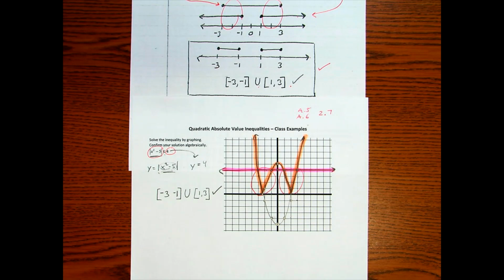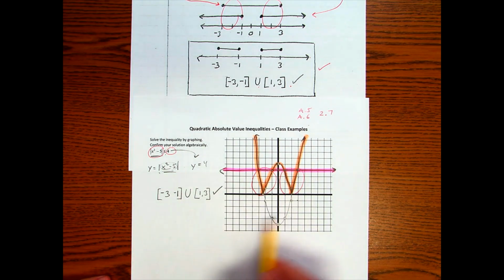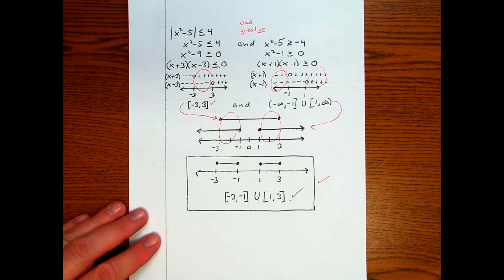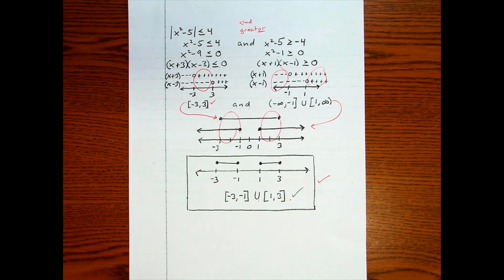All right, so which is better, which is worse? For this particular problem, it seems to me that this purely graphical approach was a little more efficient than this. Now, that's not going to be true for all of these types of problems. It happened to work out that way for this one.